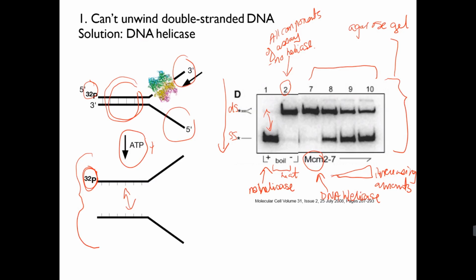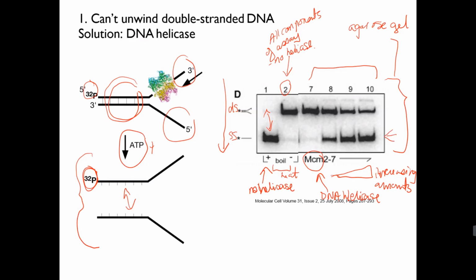And obviously this is a very common strategy in enzymatic reactions, that you like to see some kind of dose response, that if you're putting more of the enzyme in, you expect to see more activity. And so that's what they're actually doing here. And indeed, this is what they see as you add increasing amounts of the MCM. You clearly see the production of more single-stranded DNA.